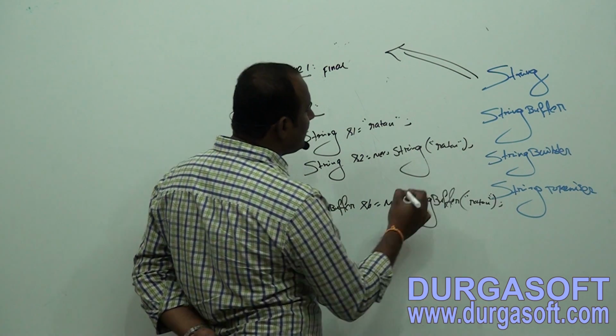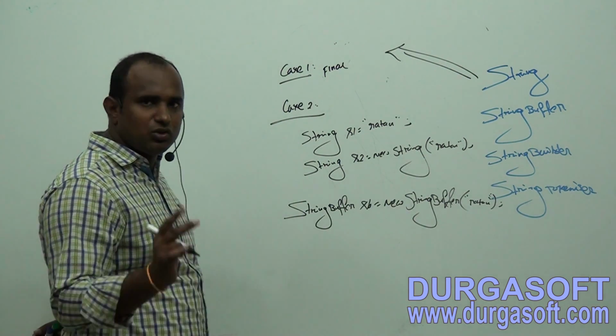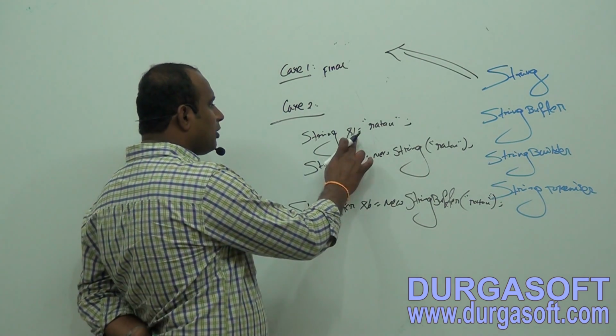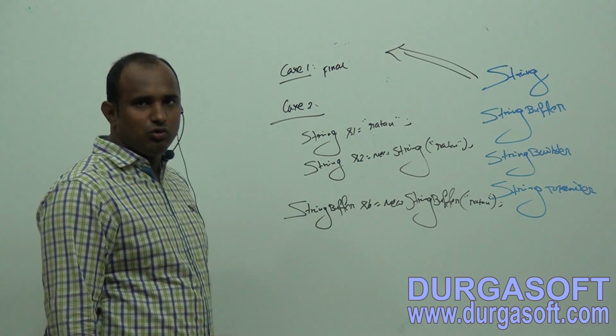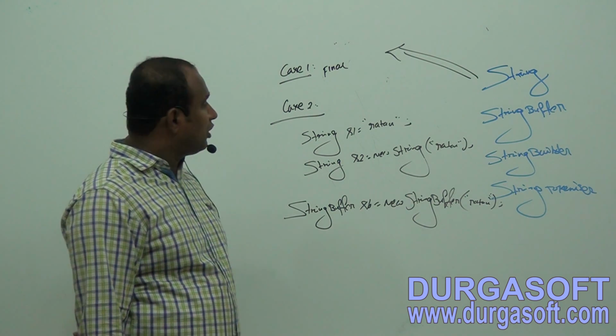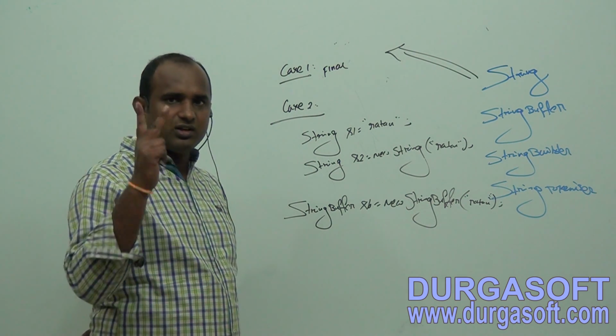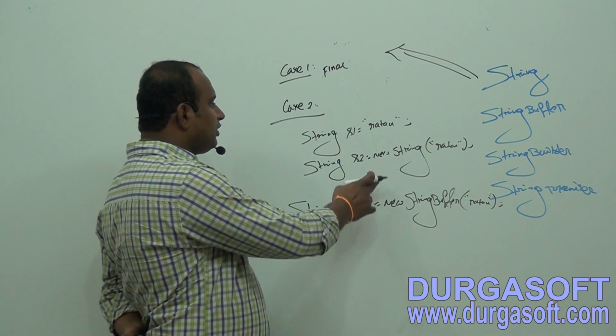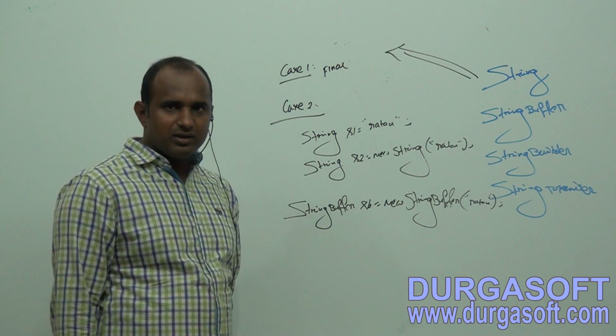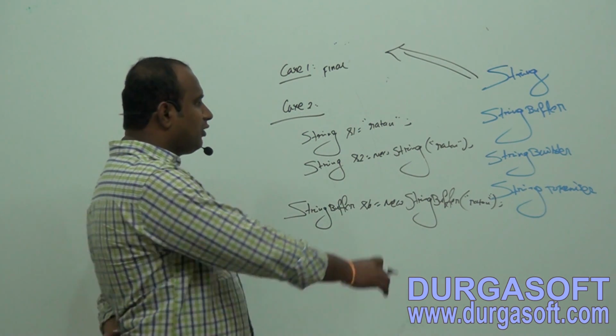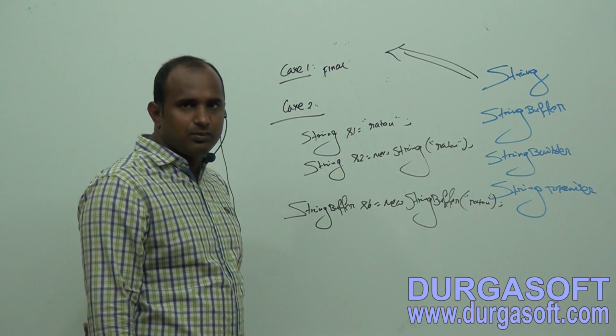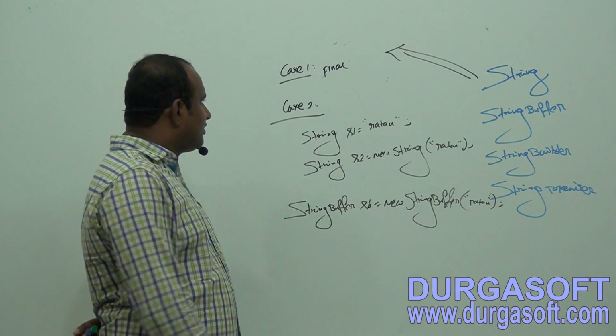So total how many approaches are there to create a string object here? 2 approaches. One is by using the new operator, one is without using the new operator. I will give the difference between the first approach and second approach. No problem. So this is case number 2.